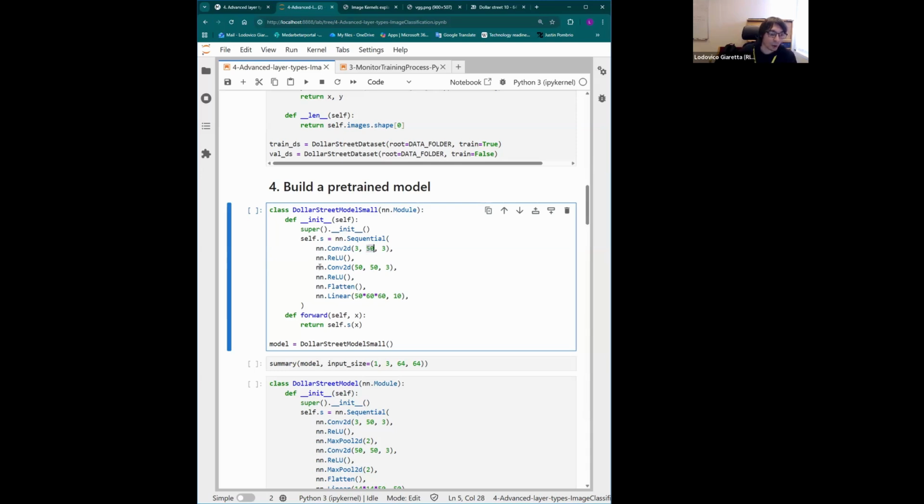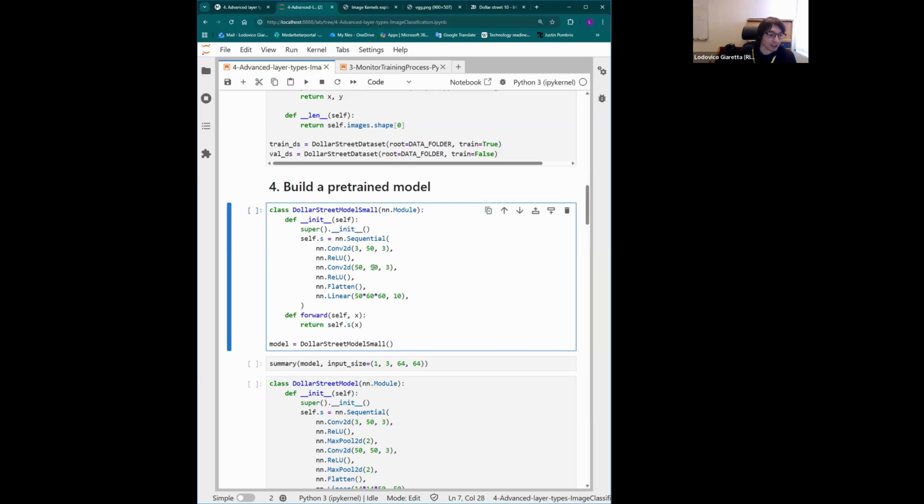Which means that when later we apply another convolution, our input, instead of containing 3 values per pixel, red, green, and blue, now contains 50 values per pixel, which are the 50 patterns around that particular pixel that were extracted by the first convolution.